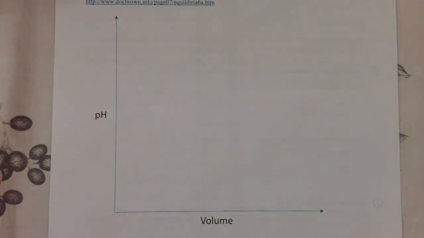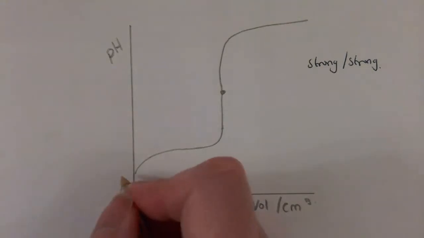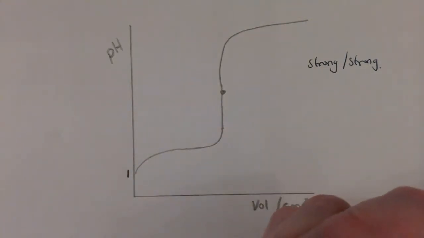So on page 15, we're going to sketch 4 graphs. We're going to sketch the strong acids with the strong bases and the weak acids with the weak bases, and so on. It's important that you can sketch these and you can use information from the question to plot various points. So a strong acid, strong base looks like this one. Starts at about pH 1.